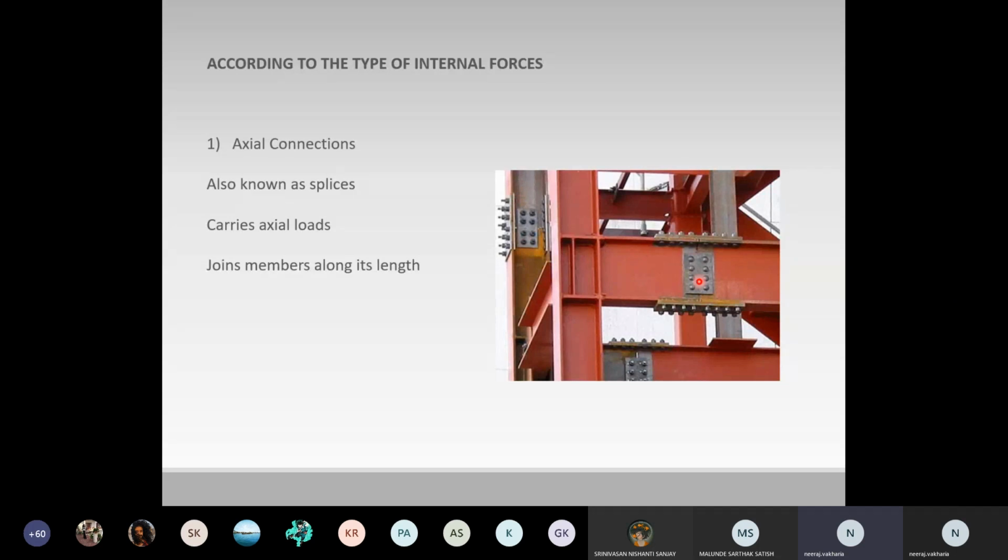So this is how it acts. It joins the member along its length, and it carries axial load, mostly the load which is going to transfer through its axis. For column, it is vertical. For beam, it is horizontal, passing through its CG. So it transfers those loads into each other and creates a structure.